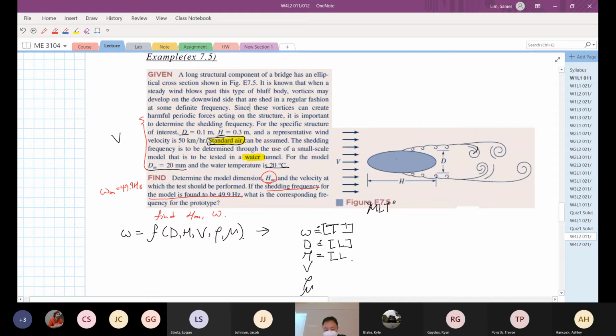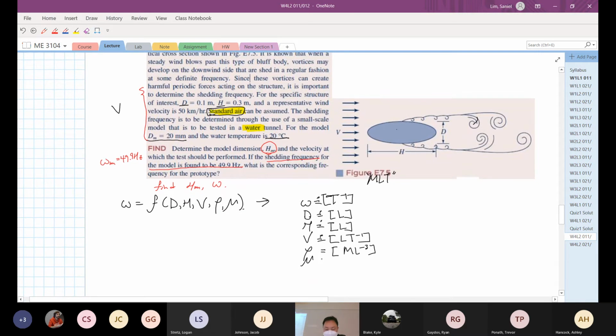This is also L. This is velocity, density, M L minus 3. The mu, let's just have more space here, M L minus 1 T minus 1. Okay, here the frequency is pretty much the same as hertz.